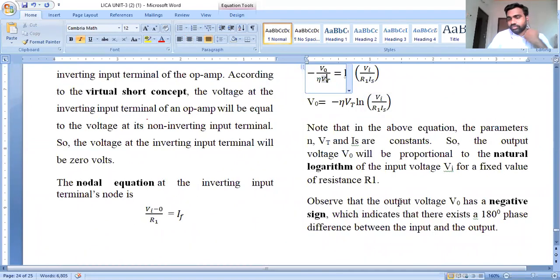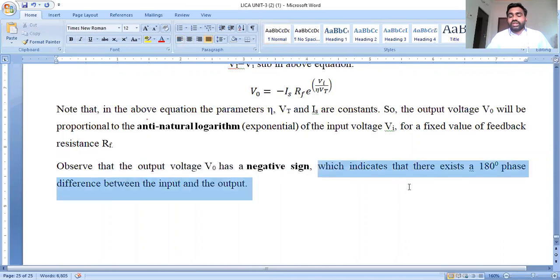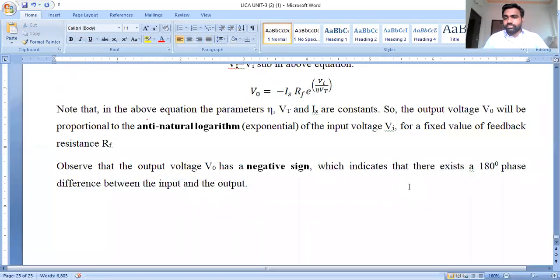If we observe the output voltage in both the anti-logarithmic and logarithmic amplifiers, it has a negative sign. This indicates there exists a 180 degree phase shift of output with respect to input in both types.